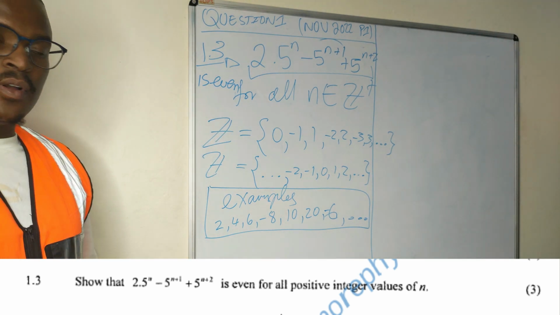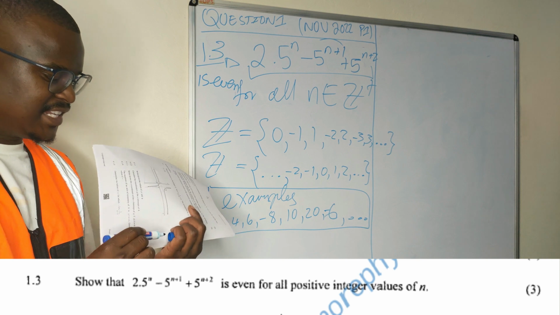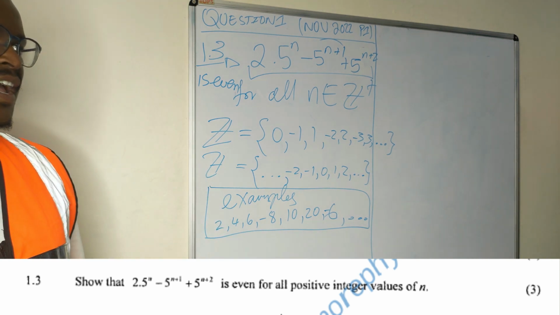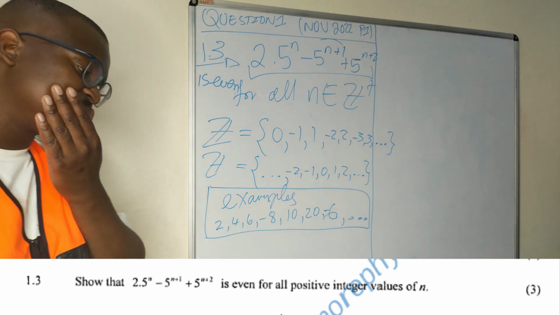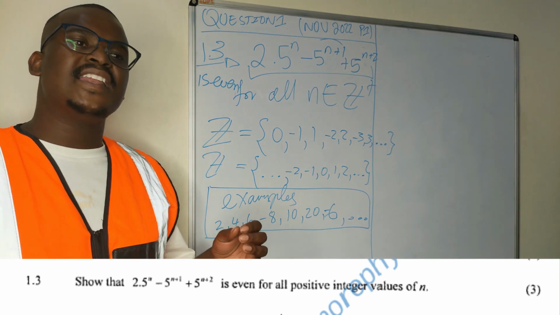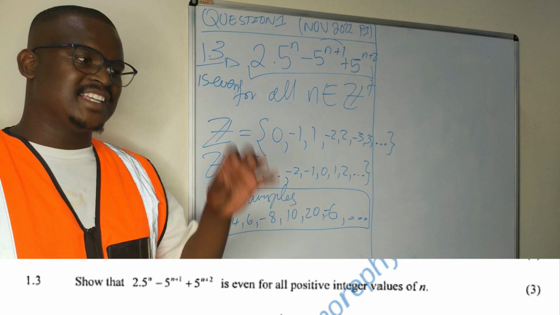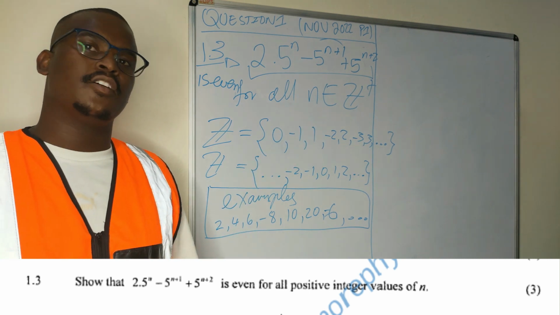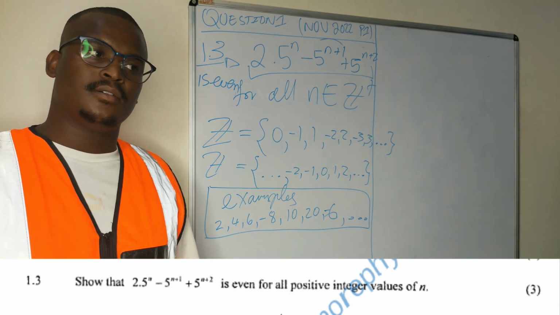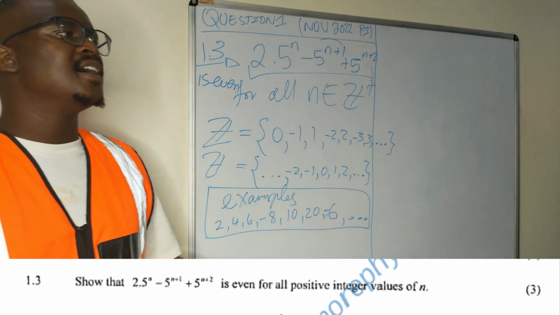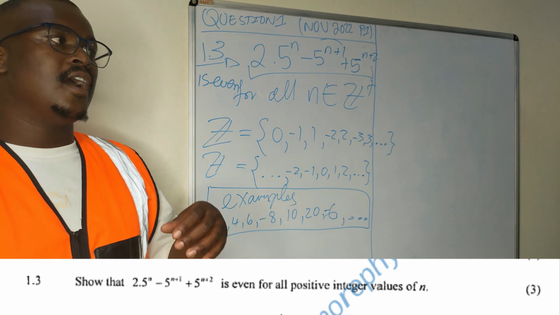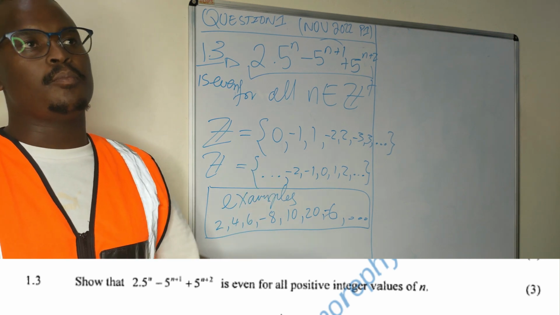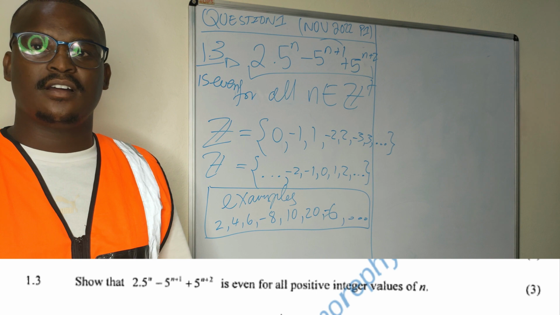Right? So an even number is any number that can be written as an integer times 2. That's the definition of an even number. It can be expressed in the form 2 times k, where k is an integer.